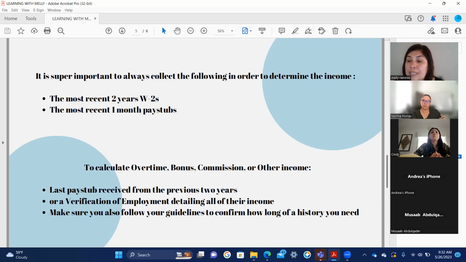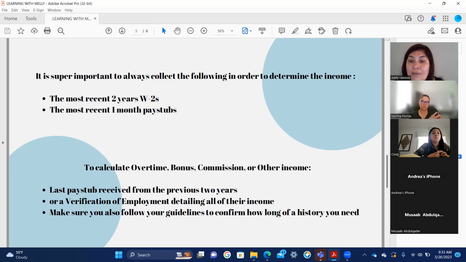So you need to look over your guidelines, because I know with Fannie Mae, if the commission drops 25% or more, you can't use it. Take that into account when you're calculating income, how much it dropped, because then they don't see it as stable income.